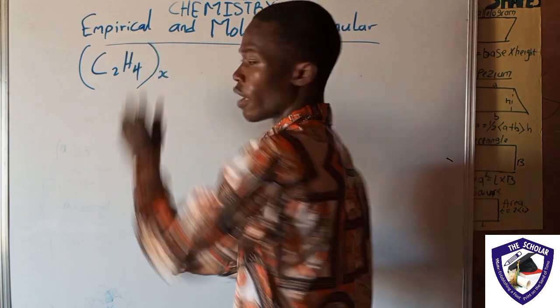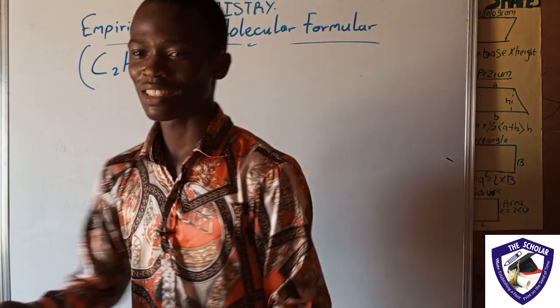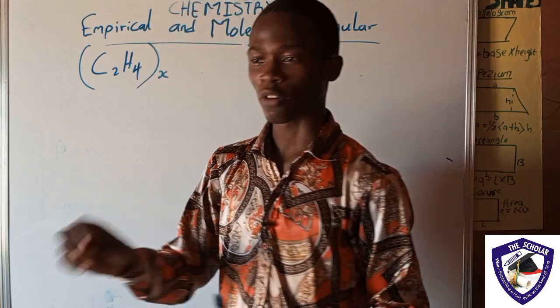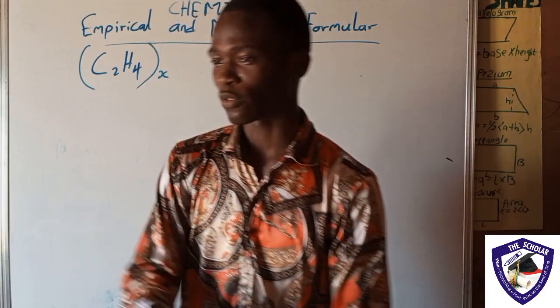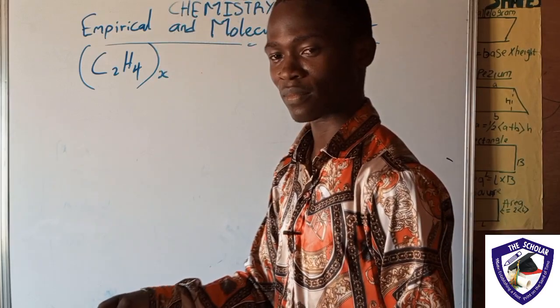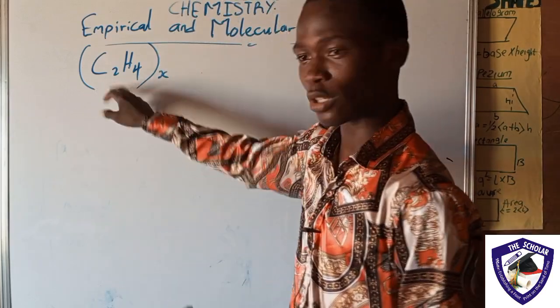Now, to calculate empirical formula, we need the mass of each of the elements, or the percentage of each of the elements in the compound.